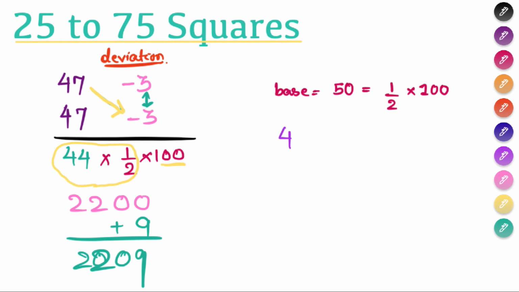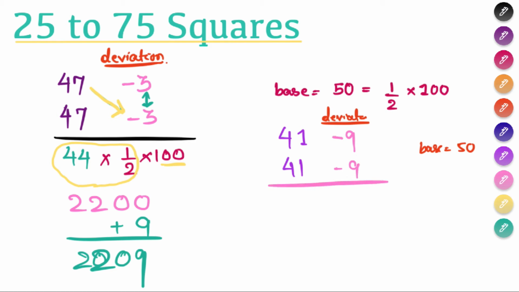Let us take one more example. Suppose we have 41 square. So we have 41 and of course the base is 50, and the deviation here will be minus 9, minus 9. The first step will be 41 minus 9, that will give us 32.